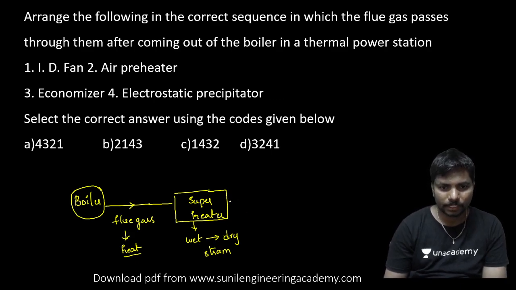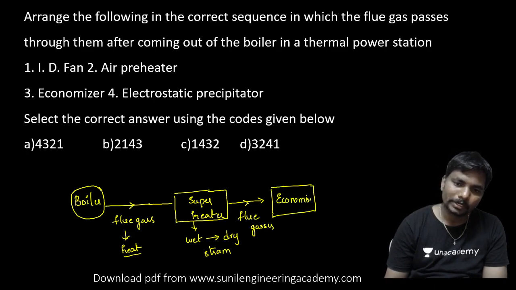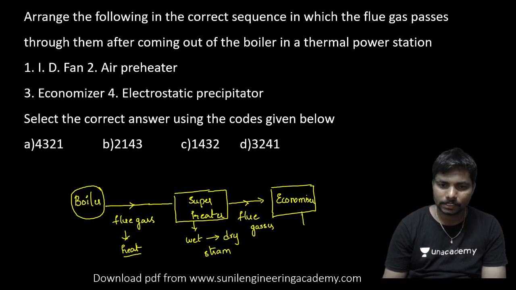Okay, after the superheater, if this flue gas is still having some amount of heat, that heat is utilized by the economizer. The economizer utilizes that heat. It is nothing but, we can say, a feed water heater.